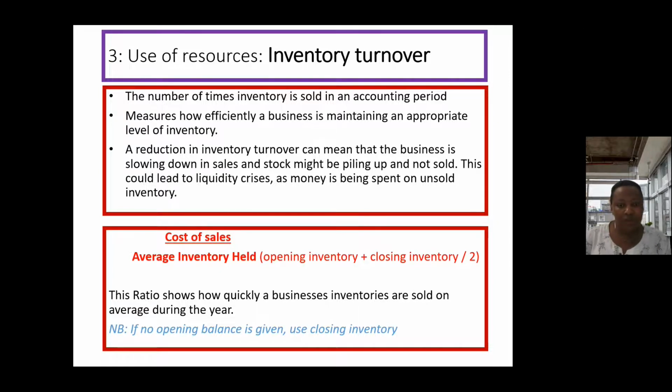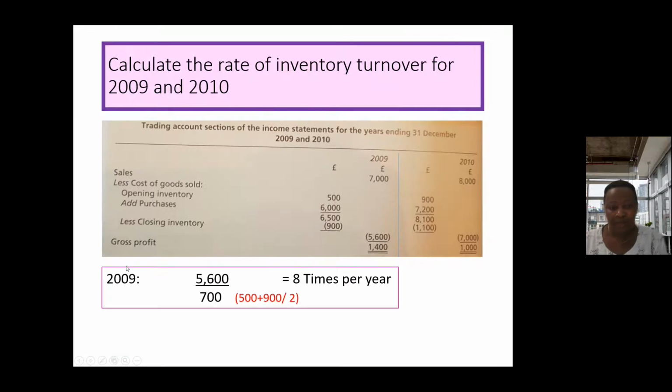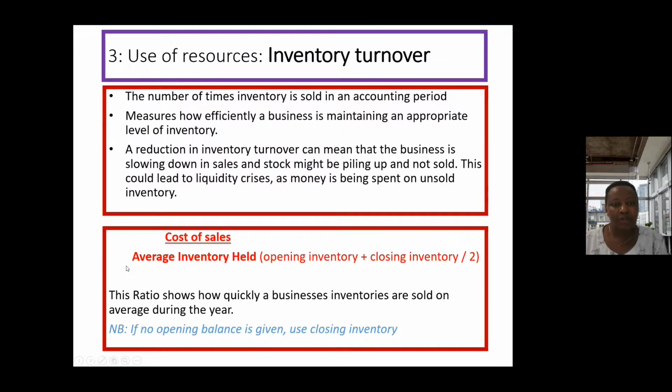With inventory turnover, the formula for calculating it is your cost of sales divided by your average inventory.